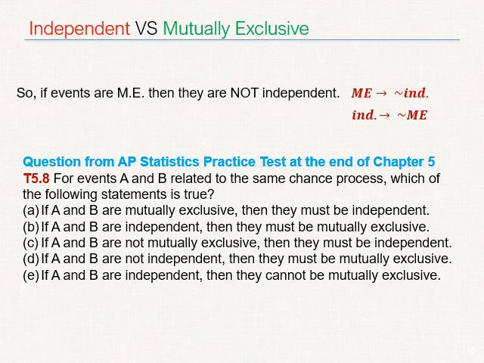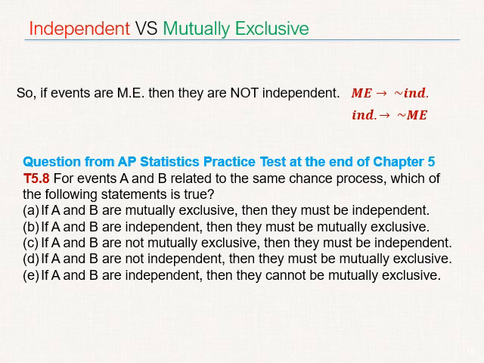B: if A and B are independent, then they must be mutually exclusive. That would be similar to what we see here, but that would be independence giving us mutually exclusive, and that's not necessarily the case, so we know B is wrong. Let's look at C: if A and B are not mutually exclusive.